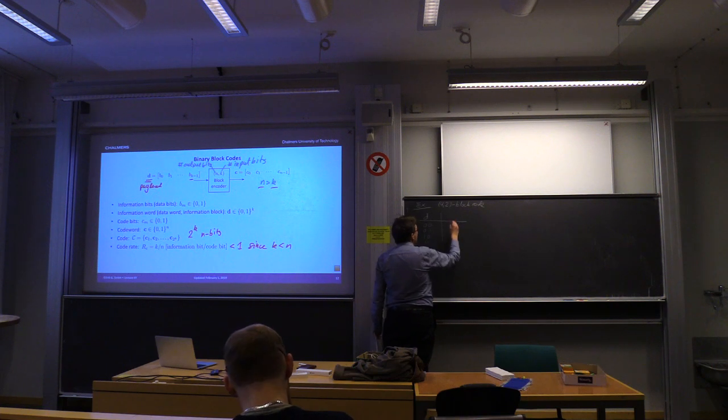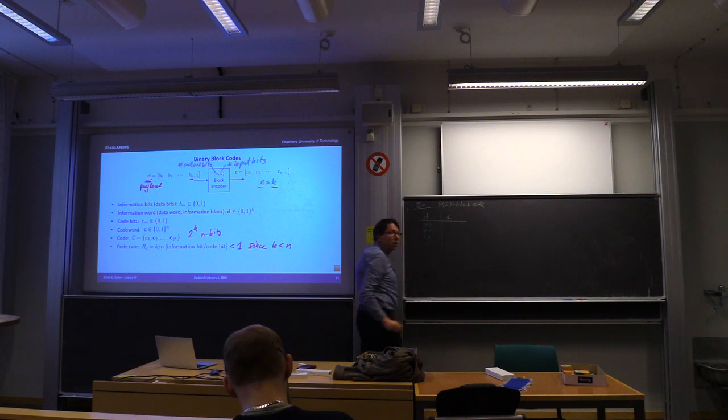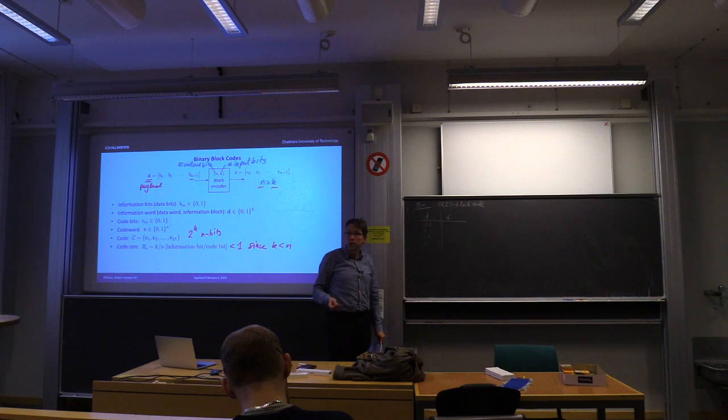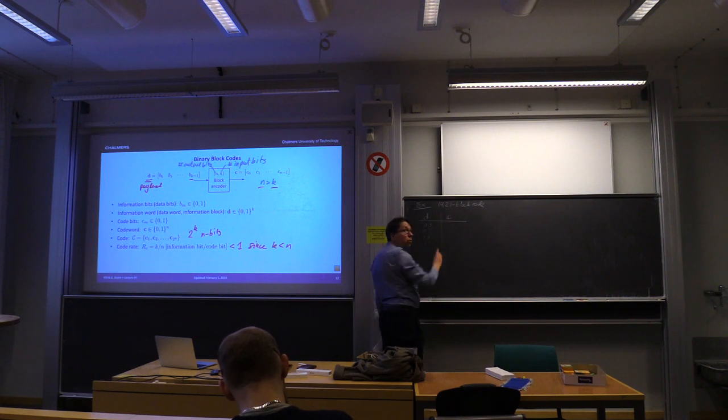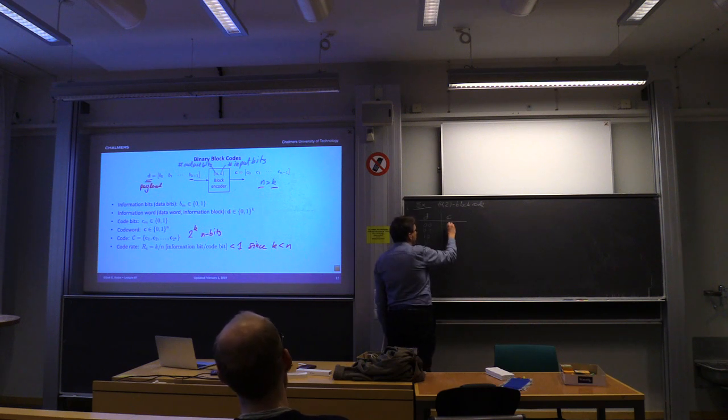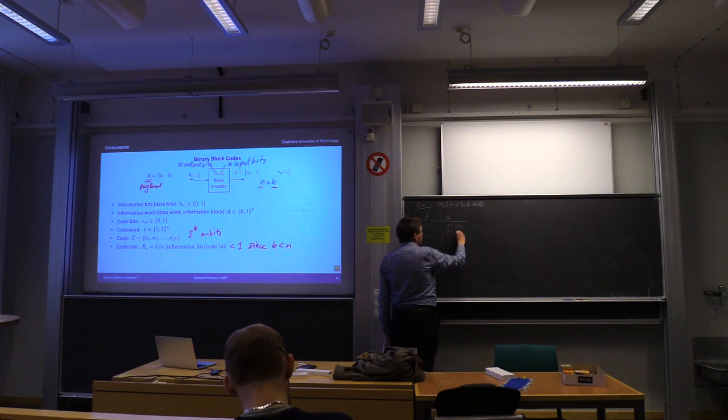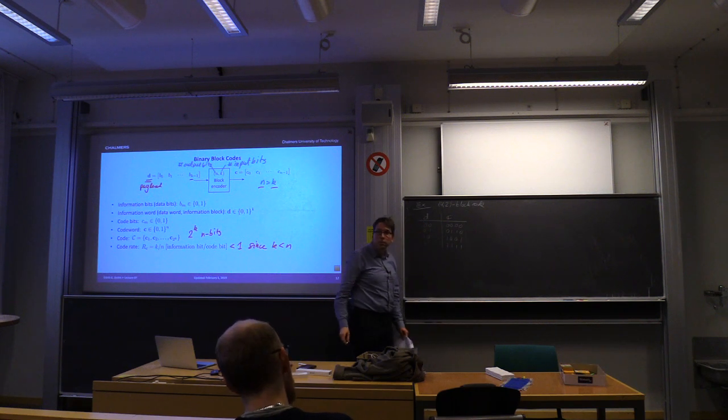Okay. And then we have the code word that corresponds to that input pattern. And it should be a 4-bit pattern since we have a 4-2 code here. So then it's like 0000, 0110, 1001, 1111, say.